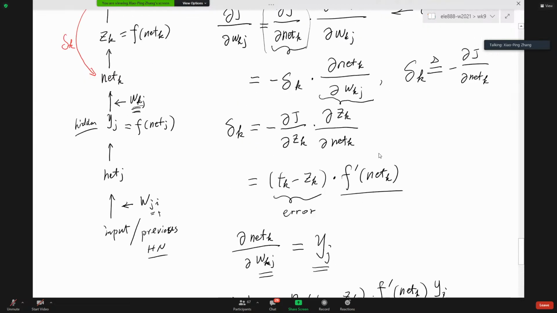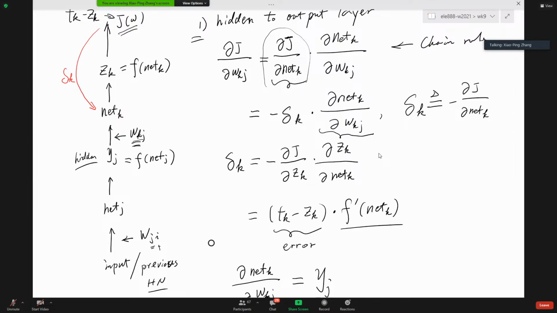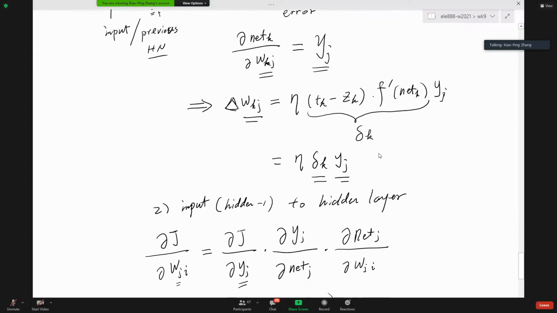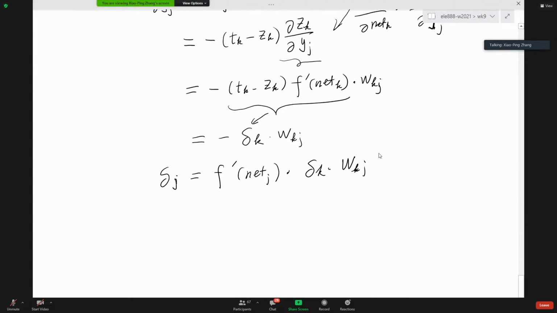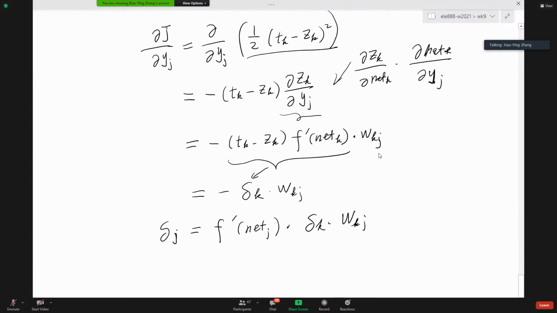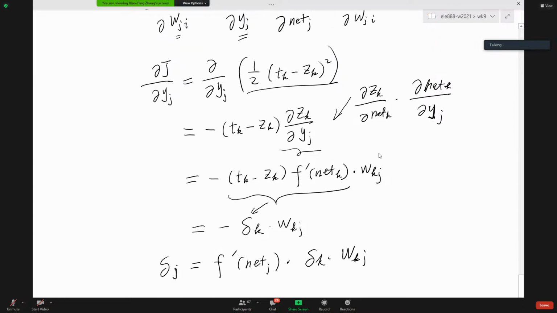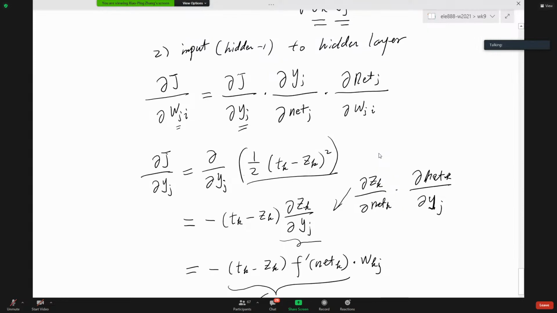If you look at delta's definition, this is partial J by partial net j. It's actually this part.